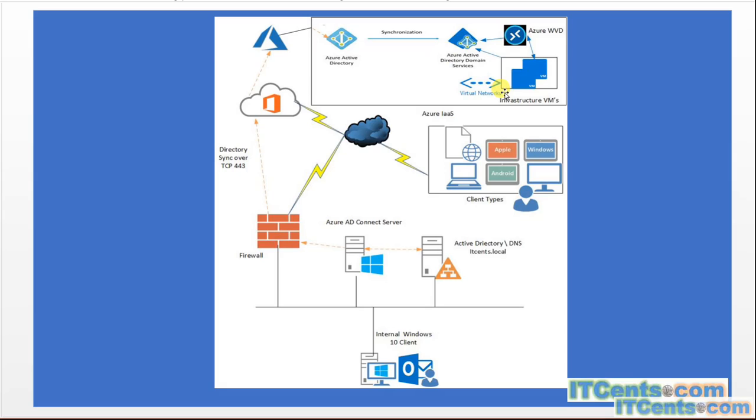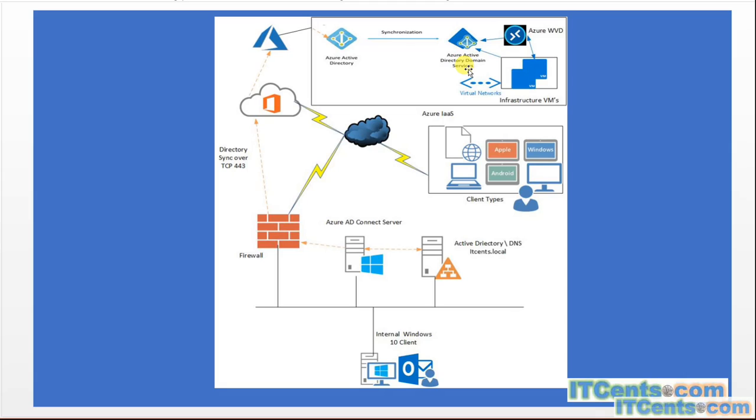They will also join Azure Active Directory Domain Services. So basically, how does it work? If you sync your on-prem Active Directory to Azure Active Directory via Azure AD Connect, and you deploy Azure Active Directory Domain Services, Azure Active Directory will automatically sync those objects to Azure Active Directory Domain Services.